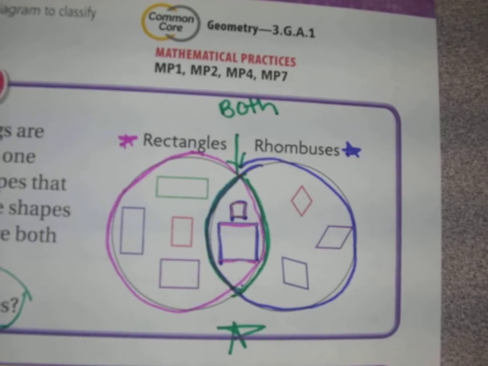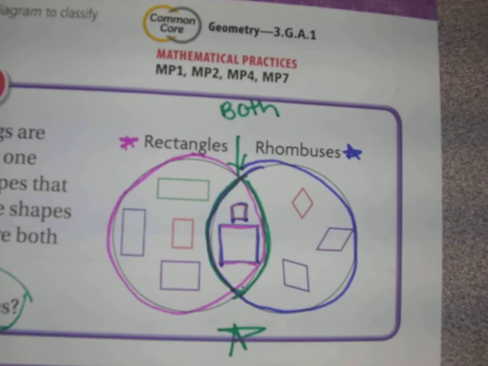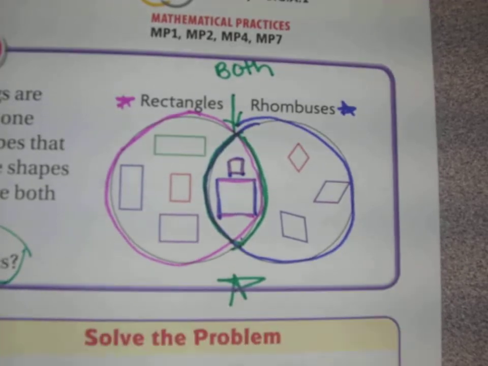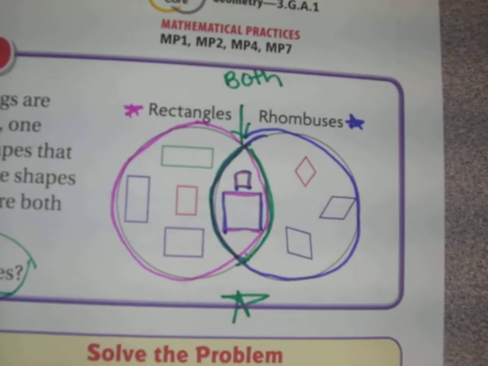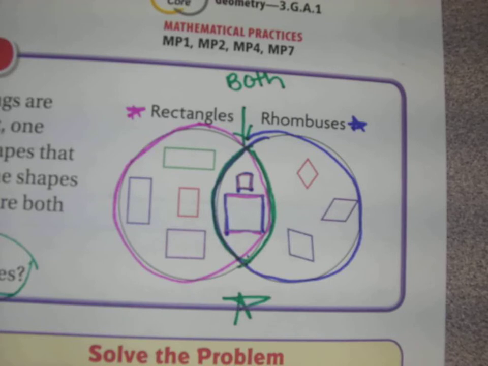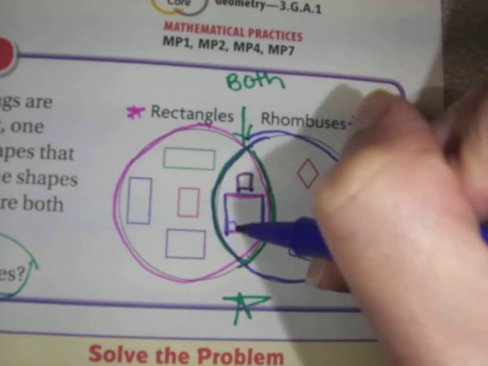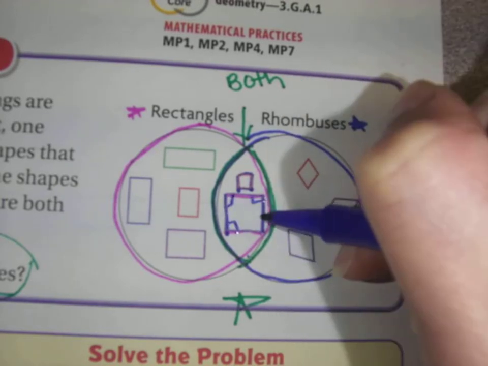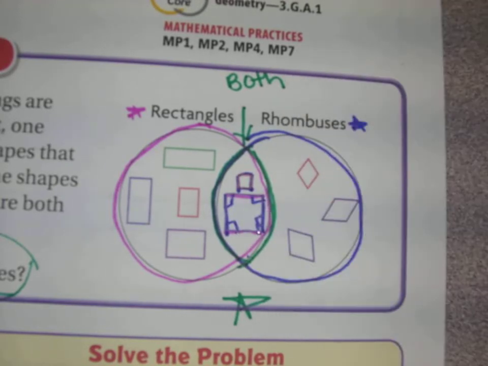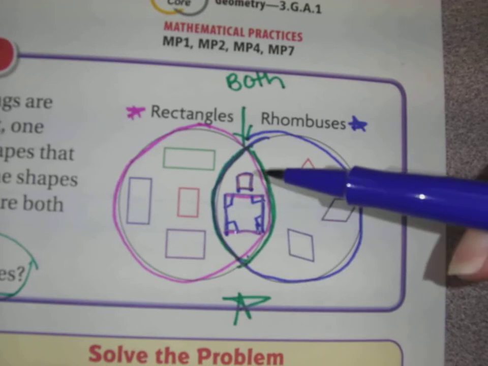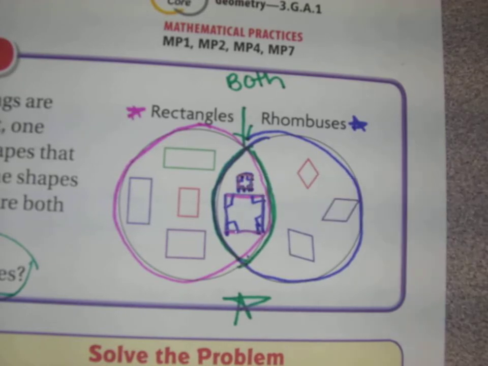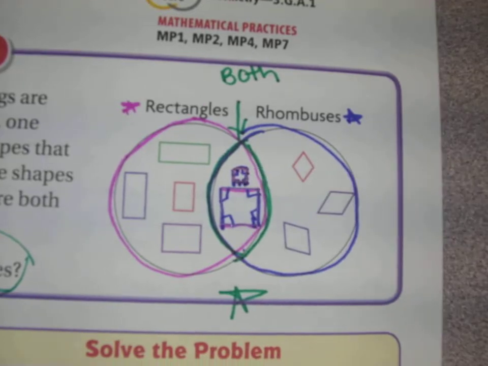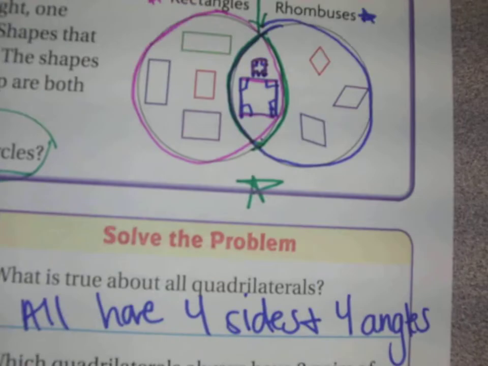Let me see. 4 sides of equal length. And ask yourself, how many right angles, boys and girls? Let's see. 1, 2, 3, 4. Now I know this is tiny. 1, 2, 3, 4. I'm drawing those squares inside. So 4 right angles.